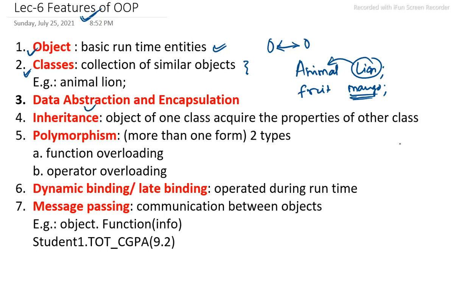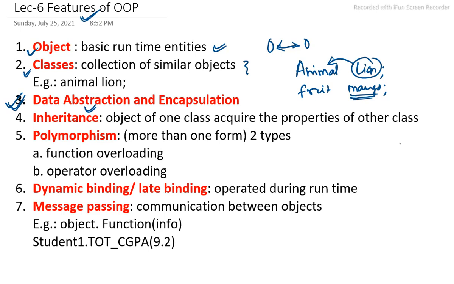This is known as data abstraction, whereas in encapsulation the data and functions are wrapped together, which makes the data hidden from the outside world. This kind of insulation is known as data hiding or information hiding. This is also a very important feature of object-oriented programming.